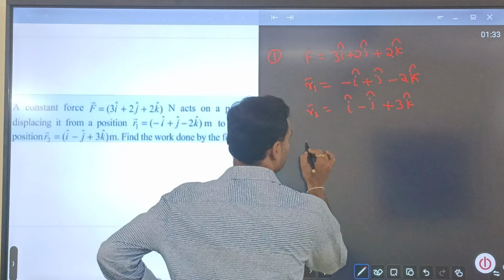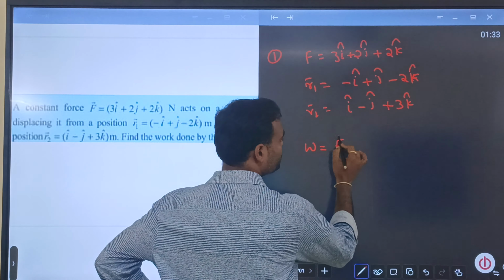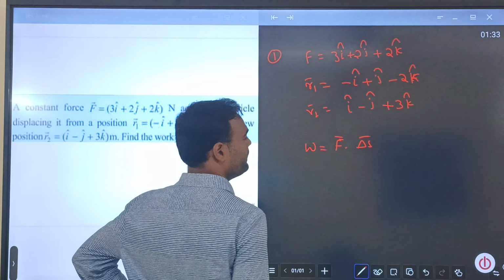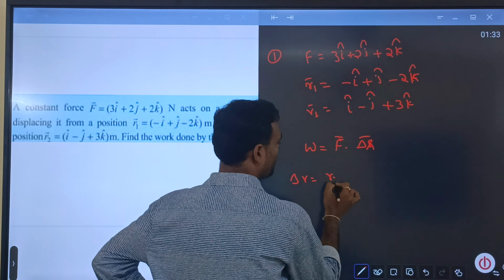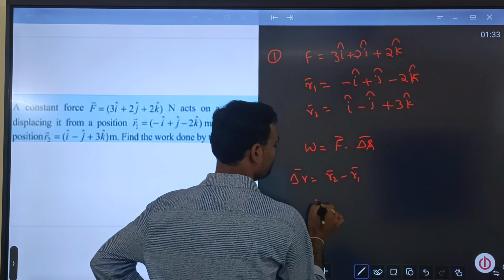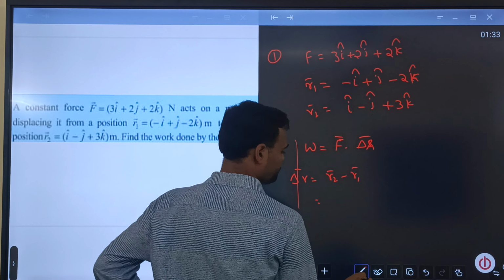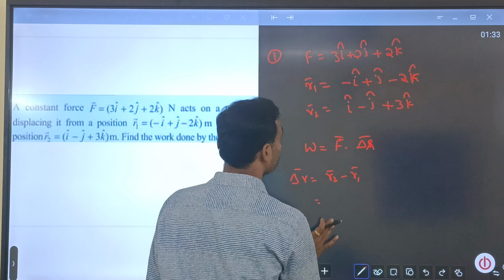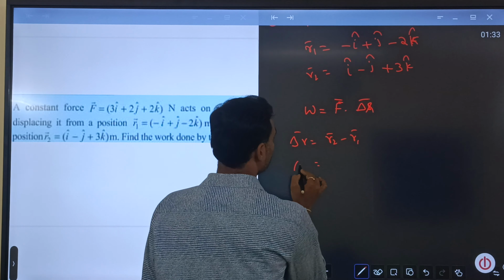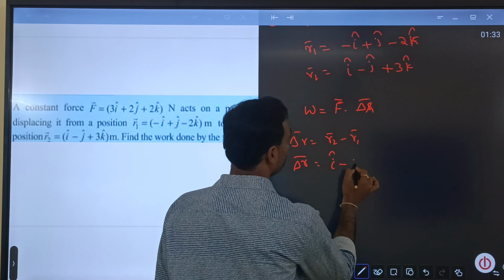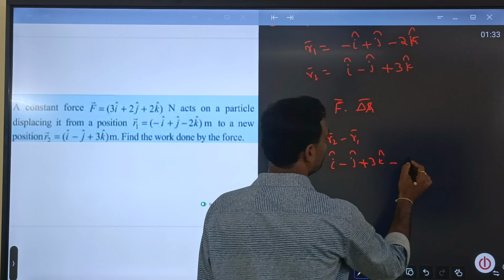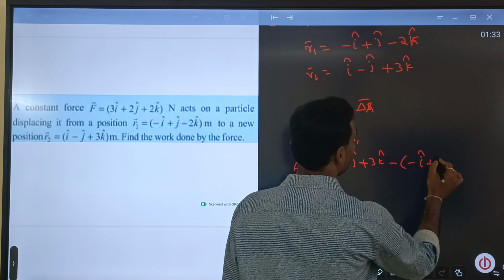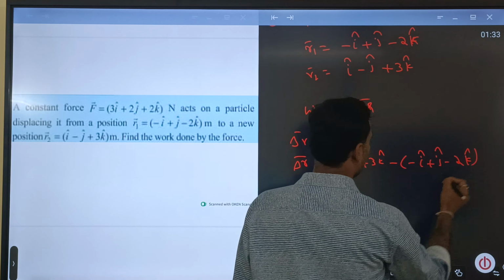Now, work done will be force dot change in displacement. So the change in displacement, that is delta R, is equal to R2 minus R1, which is i minus j plus 3k minus (minus i plus j minus 2k).